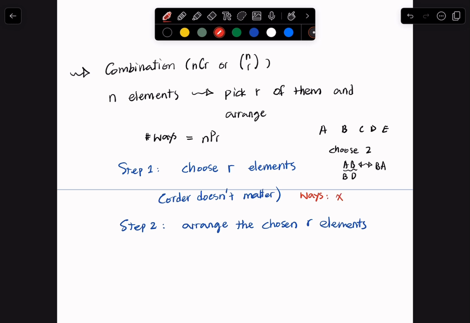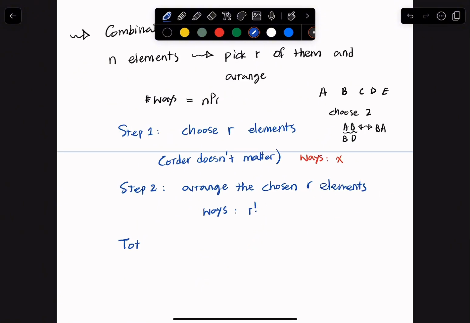Okay, and let's look at the second step. In the second step, I'm arranging the r elements. Basically, I have r places and r elements, so of course, it will be r factorial. So, according to the multiplication principle, the total number of ways to complete the whole thing will be x times r factorial. Wait, but one thing we know is the total number of ways also equals nPr.